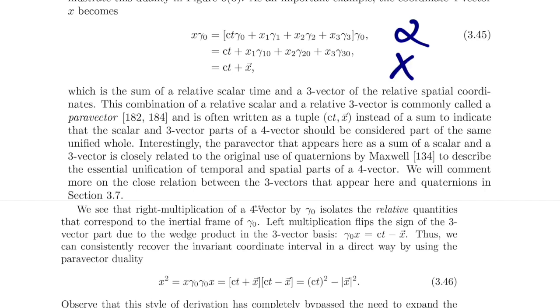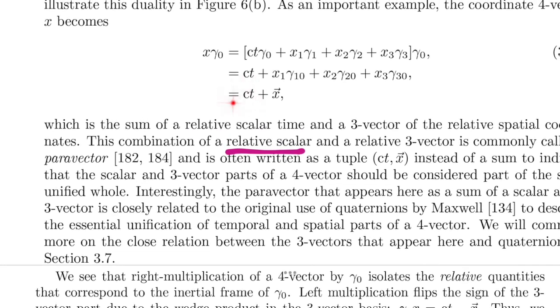However, in the space-time algebra, if you ever see anything constructed with a basis sigma 1, sigma 2, and sigma 3, you can be pretty certain that you're dealing with a relative vector. So I'm not quite sure what they mean by relative scalar, except that it's the scalar part that's left over after you do a right multiplication upon a vector by gamma 0.